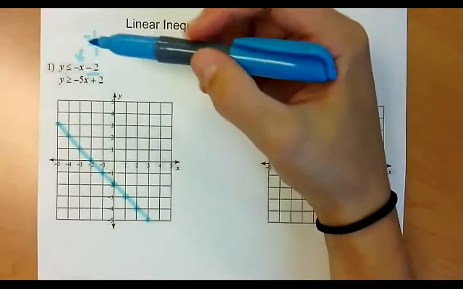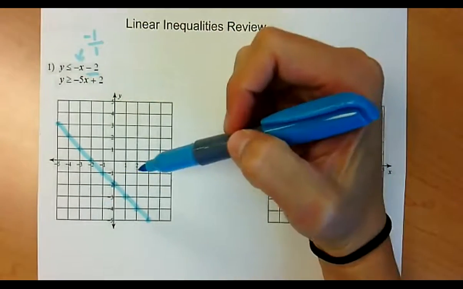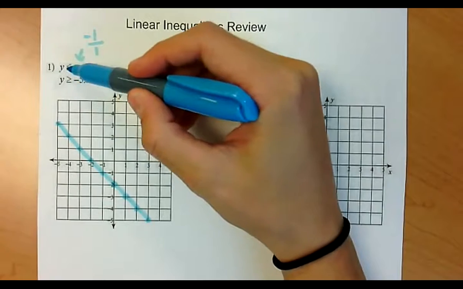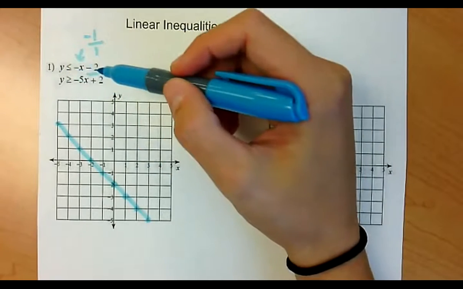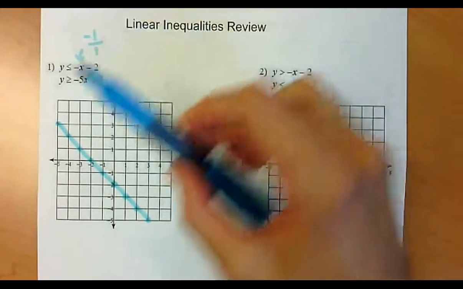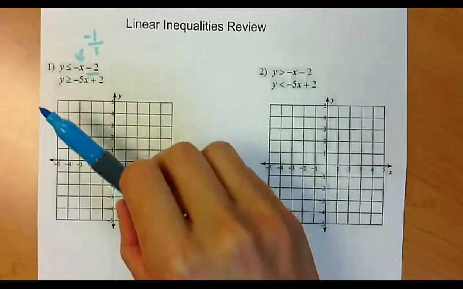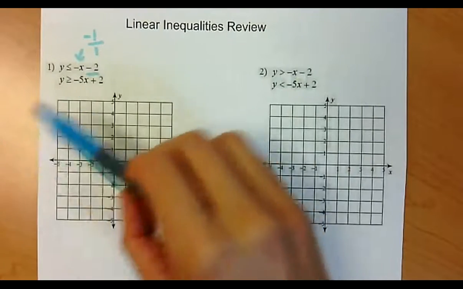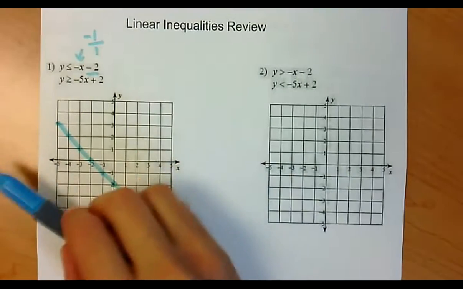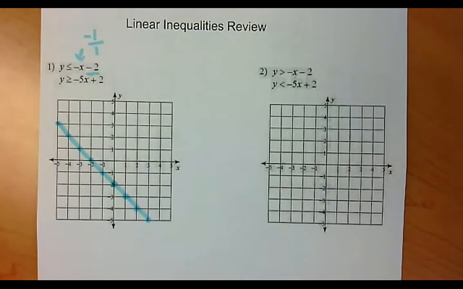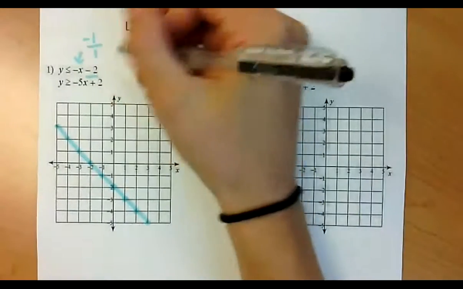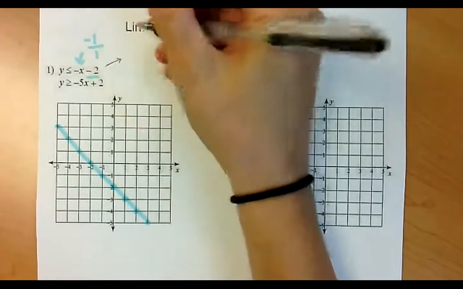So the last thing I need to do is decide which side to shade. So this says y is less than or equal to -x minus 2. So typically when our line has a less steep slope, we can kind of tell which side is below this line. But let's use our point (0, 0) and test this out. So I'm going to substitute in (0, 0).